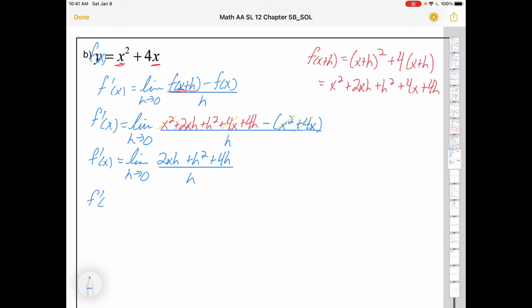And then we're going to factor out so that we can get rid of our problem h on the bottom. So h by 2x plus h plus 4 all over h. And these h's divide out. That gives us the limit as h goes to 0.